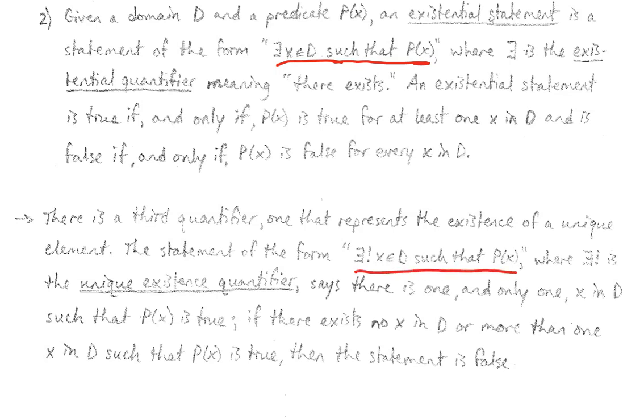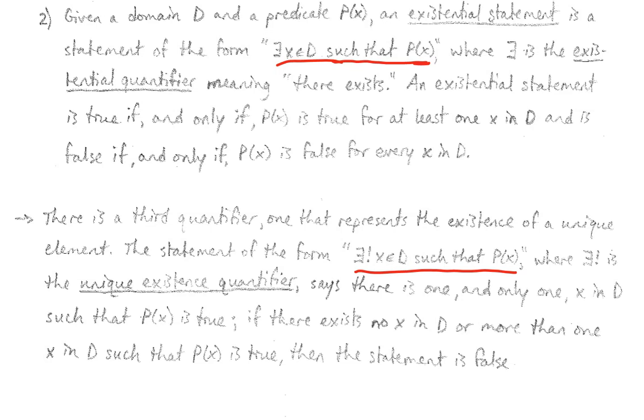So how do we read that? We would read it as there exists a unique x in our domain D such that capital P of x is true. The exclamation mark in front of the backwards capital E means that it is unique. There's only one.